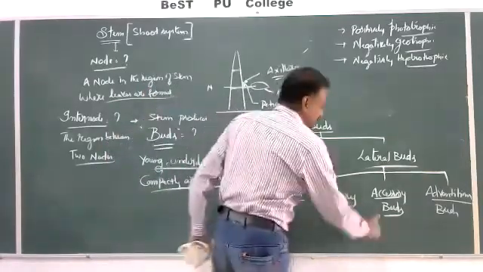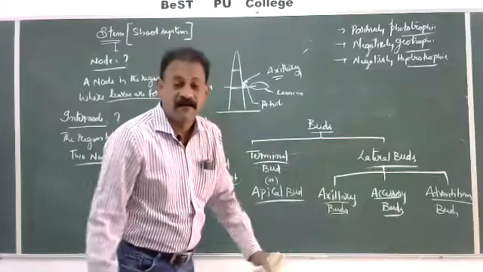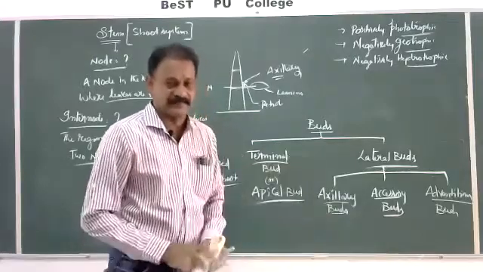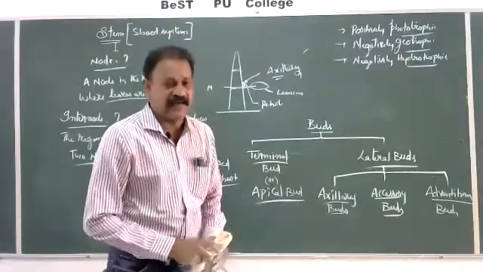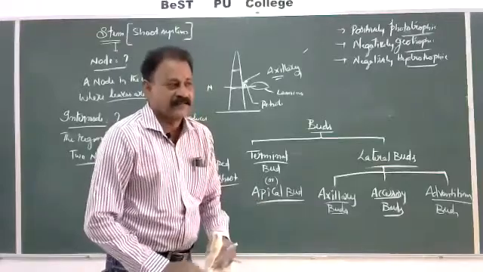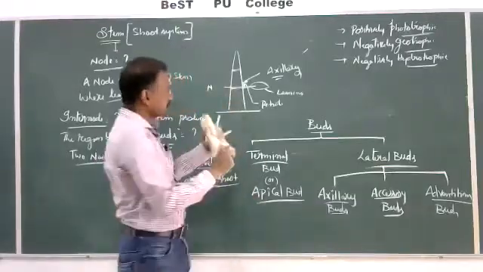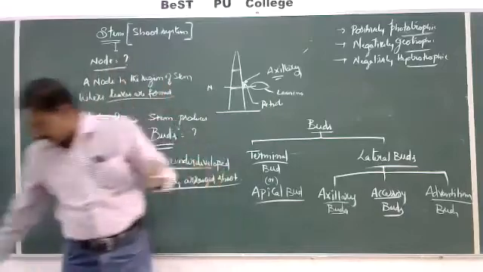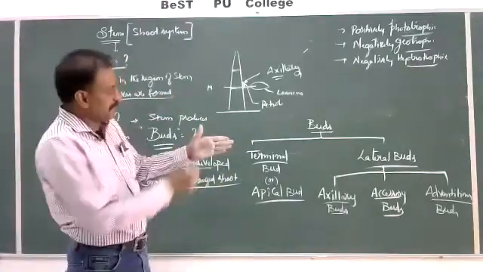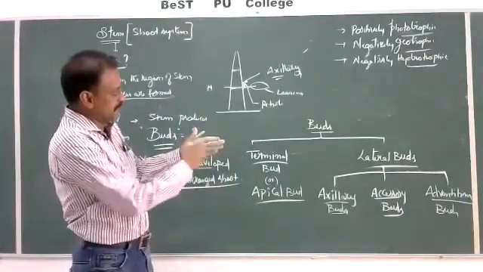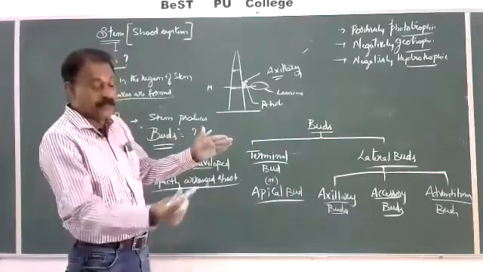Second one, accessory bud or additional bud. It is difficult to show you here, but I wish to show you like this. If this is the bud, this is the leaf, this is the stem.